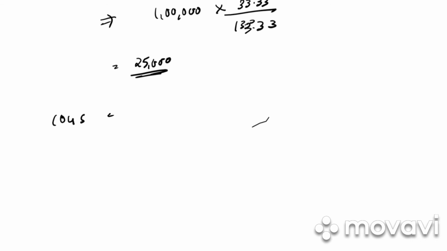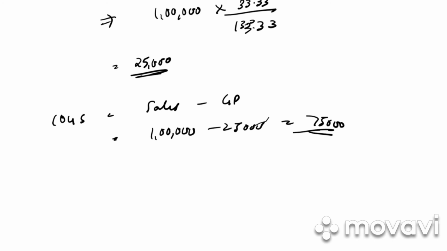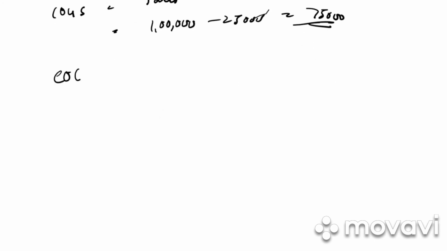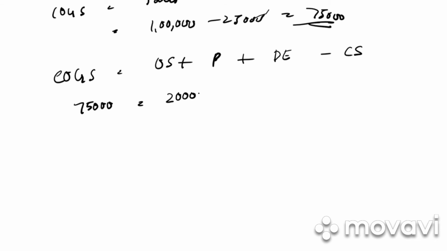So cost of goods sold will be sales minus gross profit. Sales is 1 lakh minus 25,000, 75,000. So what do we need to find out? Closing stock. So cost of goods sold is equal to opening stock plus purchase plus direct expense minus closing stock. We know cost of goods sold 75,000, the opening stock 20,000, purchase is 70,000, no direct expenses, minus closing stock.